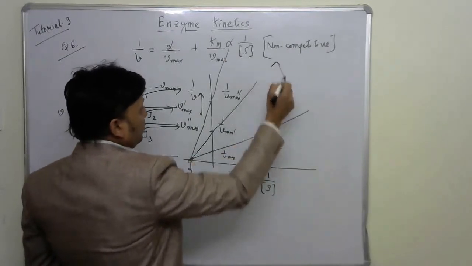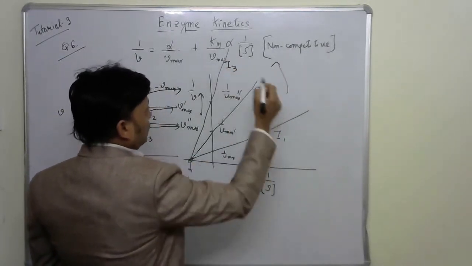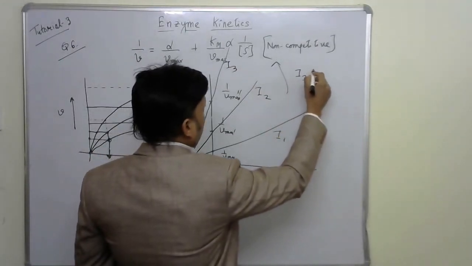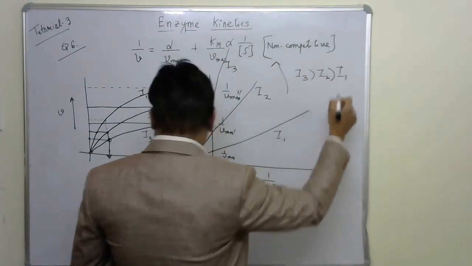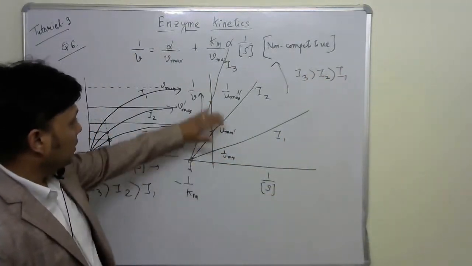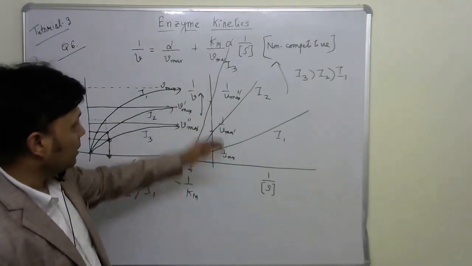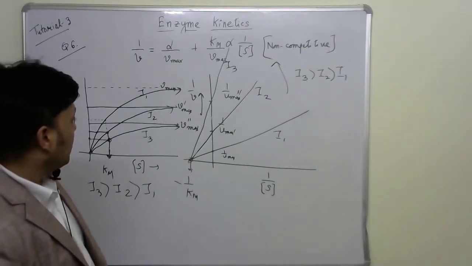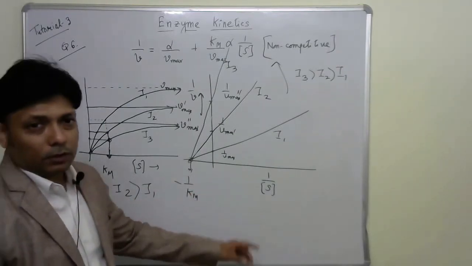And once again, this is I1, this is I2, and this is I3, and the same relationship continues, that I3 is greater than I2 and greater than I1, and you see different intercepts on the 1 over V axis with increasing slope. Alright, so this is for the non-competitive inhibition.